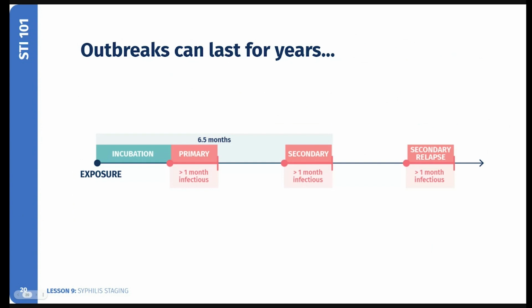Let's take a moment to talk about incubation and infectious periods and how they impact the transmission timeline. We've already established that incubation period is the time between when you are infected and when the first symptom appears. At this point in the infection, you do not have symptoms, and for syphilis, you cannot pass the infection to others.